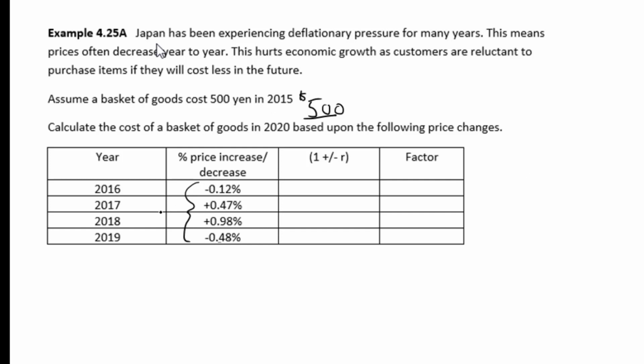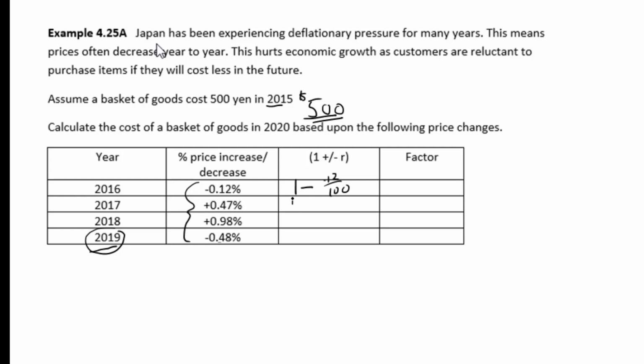So we're going to determine what the price of goods was, the same basket of goods that in 2015 cost $500. We're going to find out what it costs in 2019. So going down by 0.12%, this was going to be 1 minus 0.12 over 100. And I'm just going to write these out.